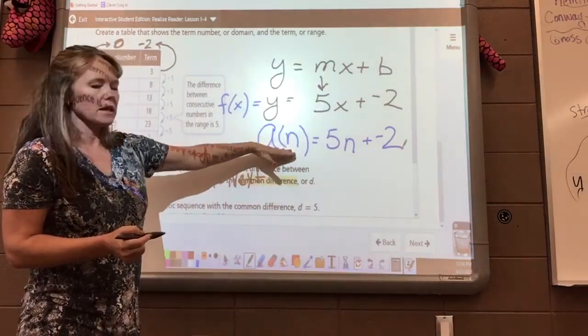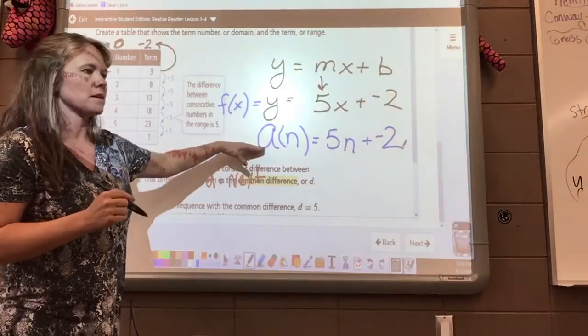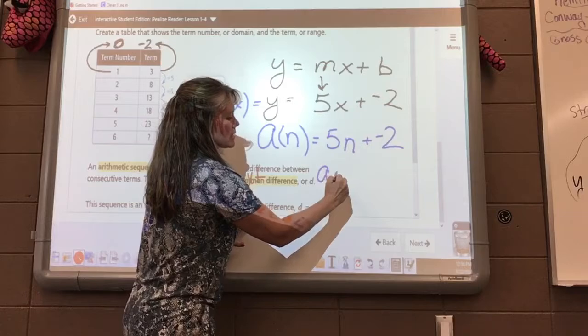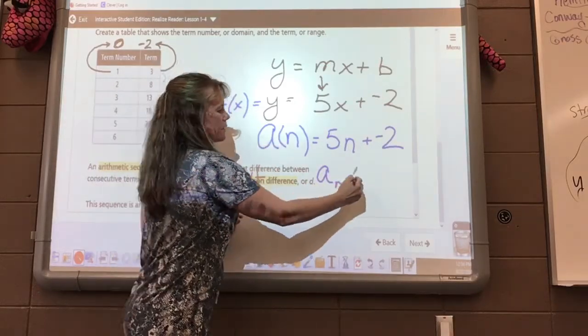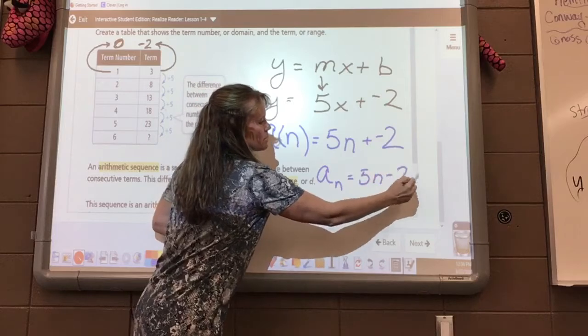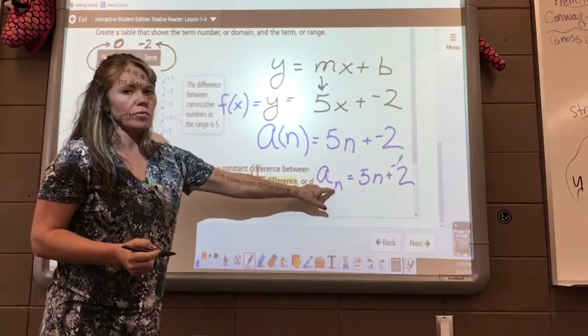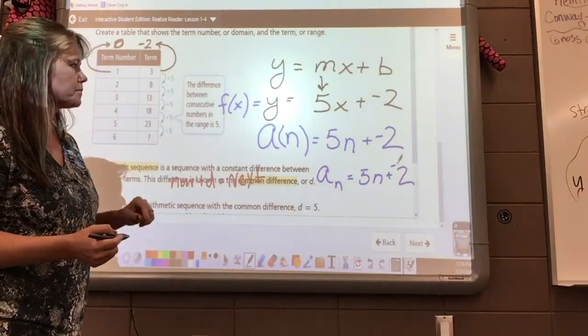If it says write a general formula or an explicit formula, they'd be looking for something like this. The other thing that they sometimes do is a subscript. These are equivalent. It's exactly the same thing. Sometimes the term that you're referring to is the subscript.